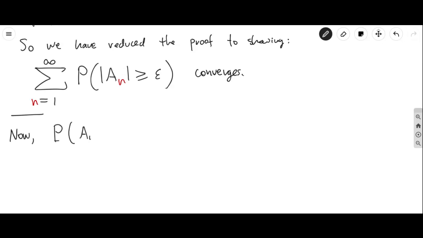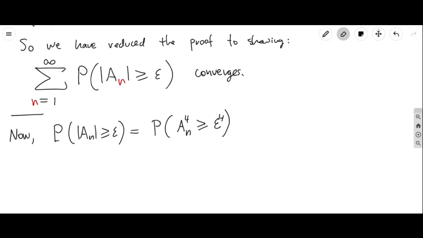The probability that An in absolute value is greater than or equal to epsilon can be rewritten as the probability that An raised to the 4 is greater than or equal to epsilon to the 4. Here we're raising everything to the 4 because that's what we need to make the proof work. If you go back in the video and look at the proof of the weak law of large numbers, we had to square the inequality.